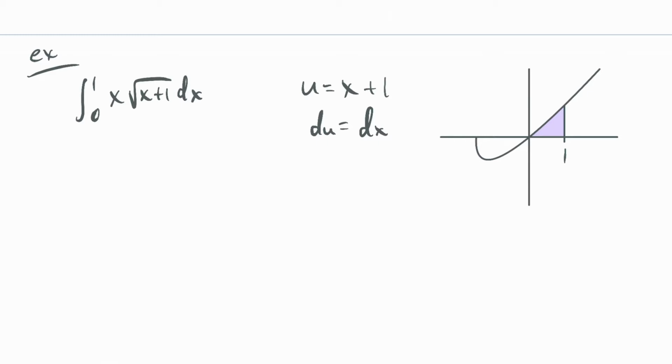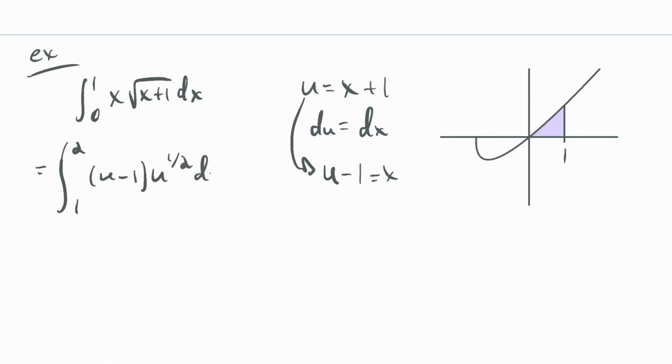And this is one we've done before, I'm going to have to replace this with u minus 1. If you take this equation, subtract 1 on both sides, u minus 1 equals x, right? So this will be the integral, and the limits of integration change, 1 to 2, of u minus 1 times the square root of u, which I'll write as u to the 1/2 power, du.